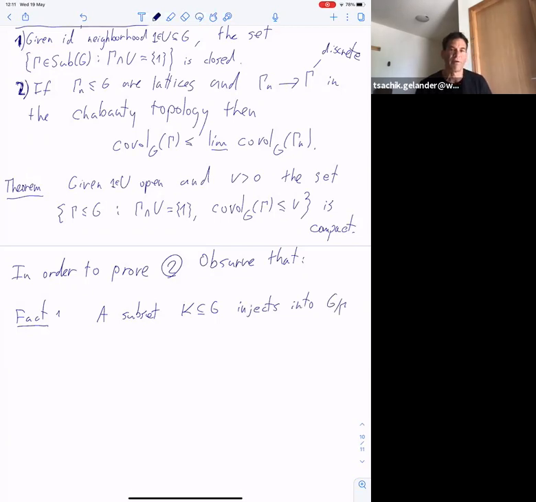So in particular, it's the same as saying that it's contained in some fundamental domain. You can extend it to a fundamental domain if and only if K inverse K intersect gamma trivially.